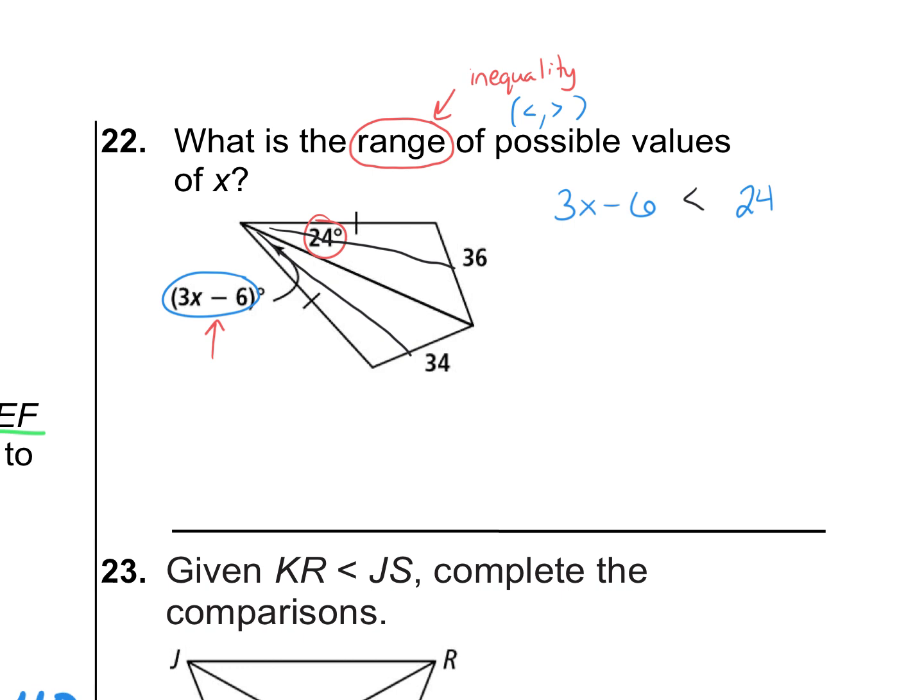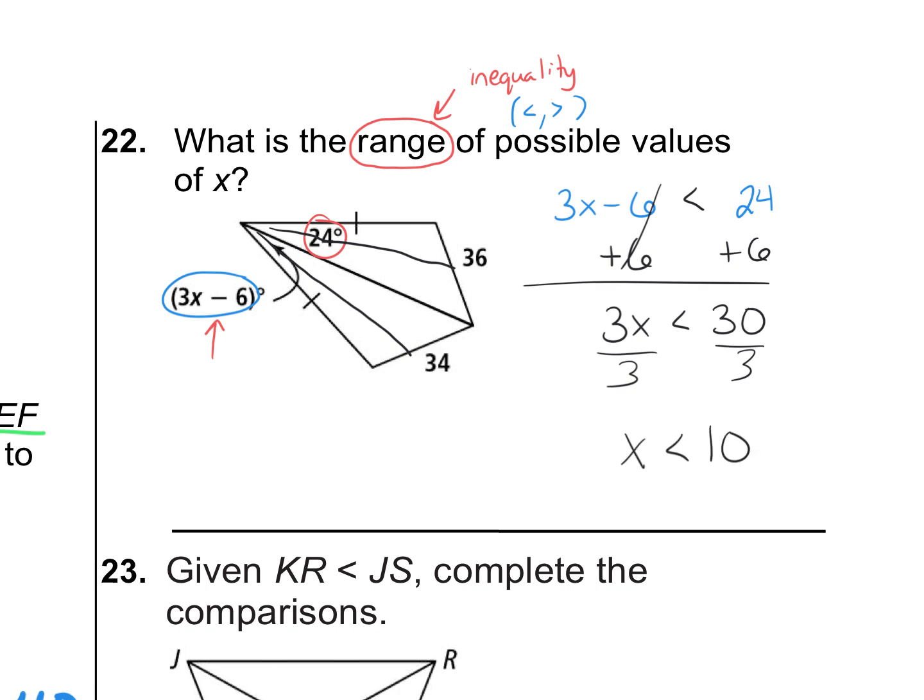So how do I solve this? Yep, add 6. So I have 3x is less than 30. Divide by 3, x is less than 10. So our range for x is all values that are less than 10.